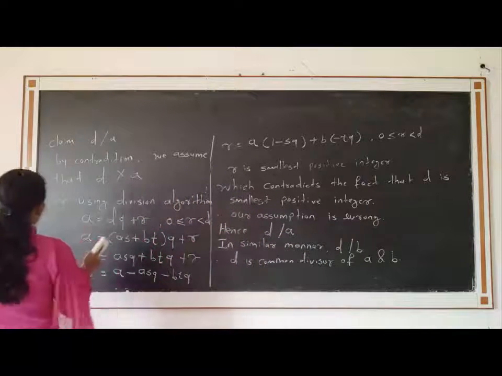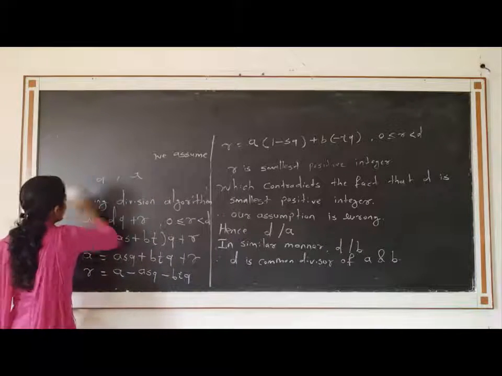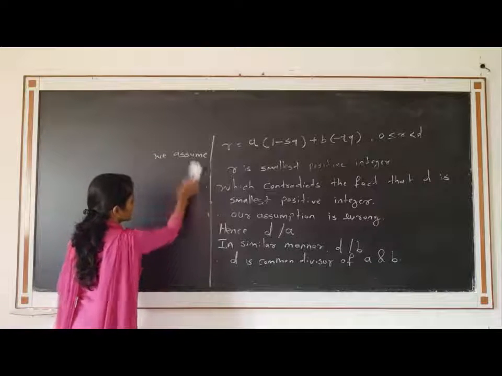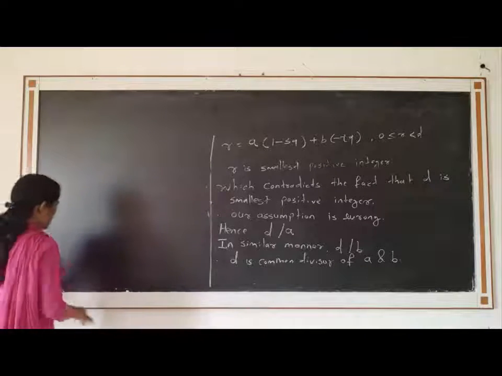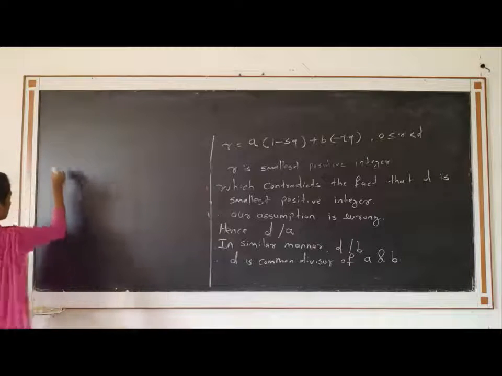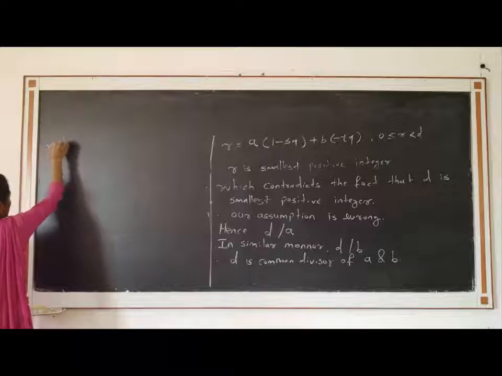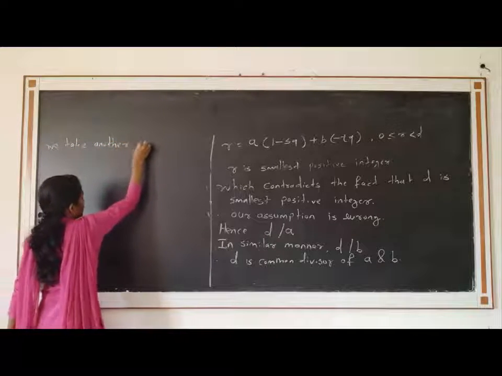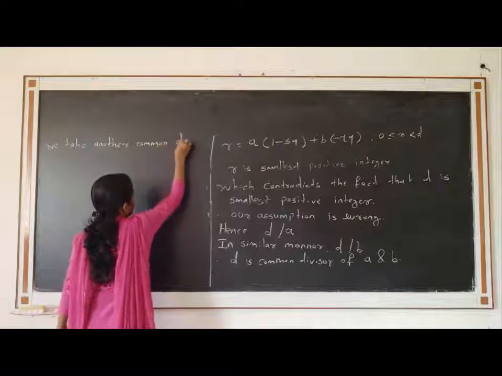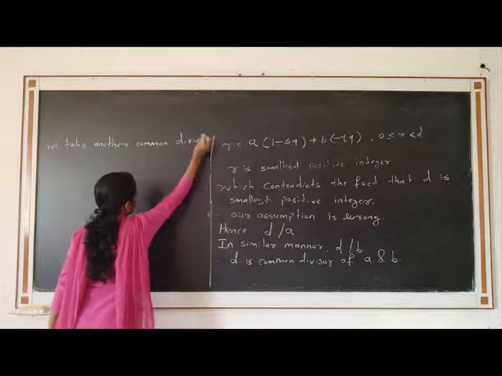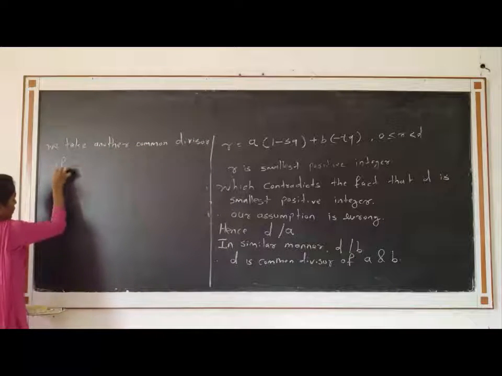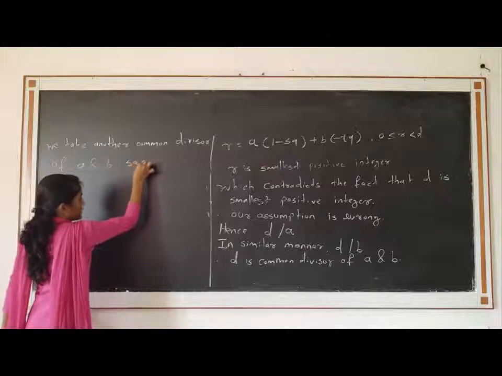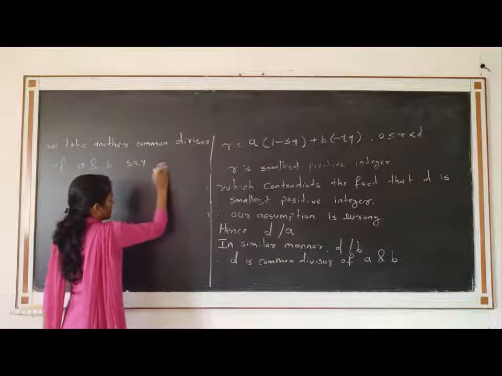To prove this result, we assume another common divisor of A and B which belongs to the set S. That is, we take another common divisor of A and B, say D dash.